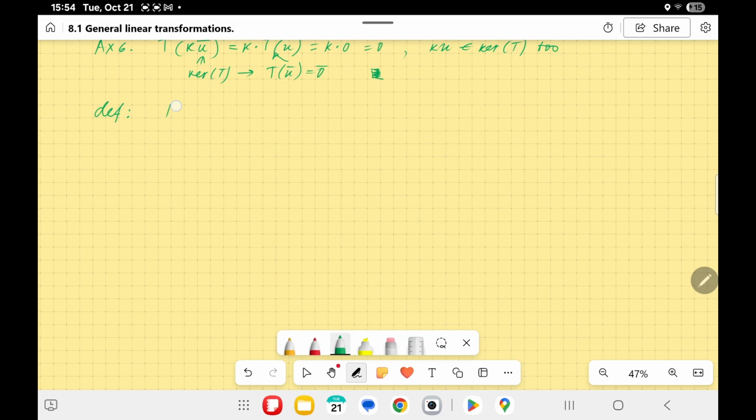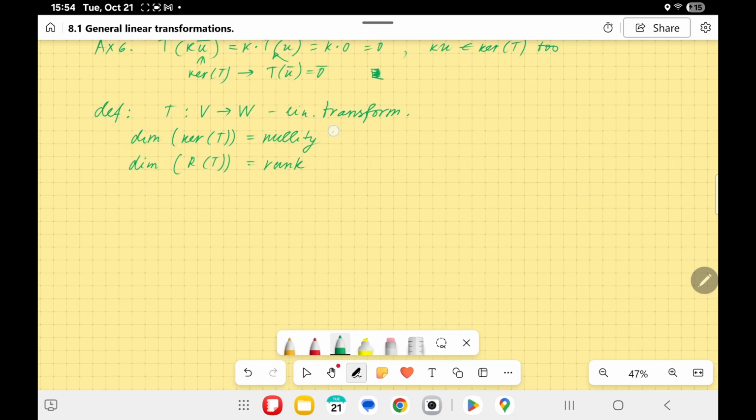If we have a linear transformation from V to W, then the dimension of the kernel of T is called nullity, and the dimension of the range of T is called rank.